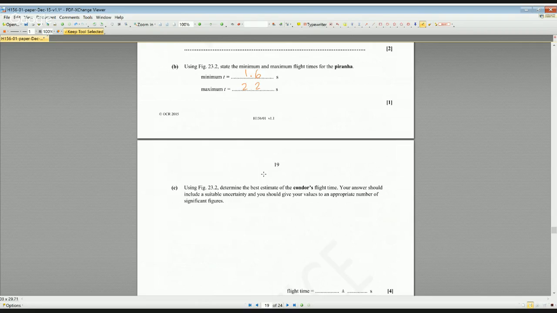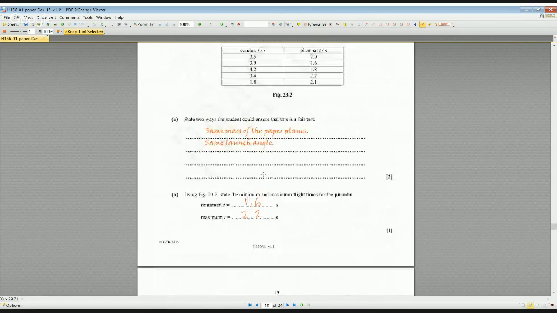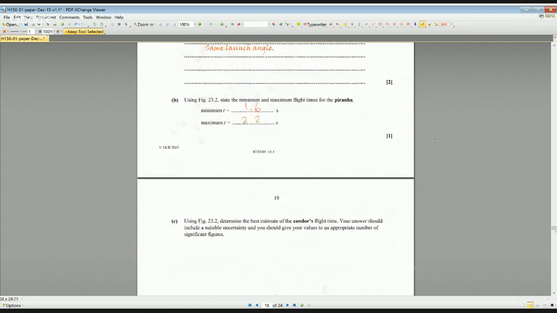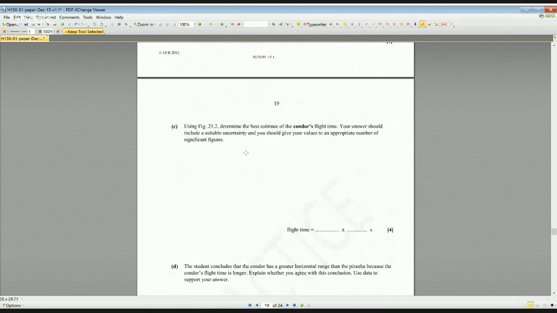First of all, let's look at our data. Looking at the condor, we have 3.5, 3.9, 4.2, 3.4, and 1.8. Now, the first thing you'll notice is that 1.8 is clearly an outlier. Handling our data correctly, we should exclude that outlier when we're calculating our best estimate.